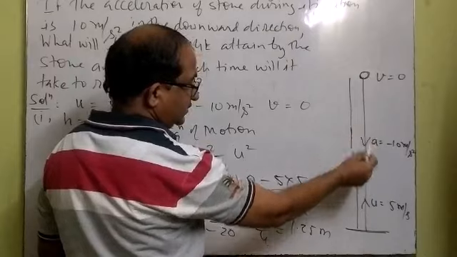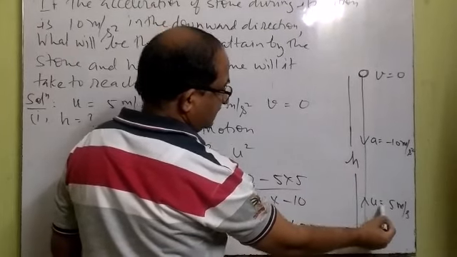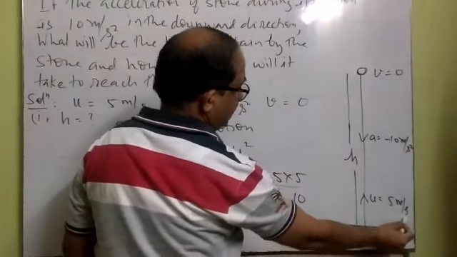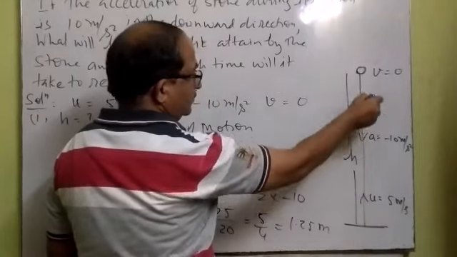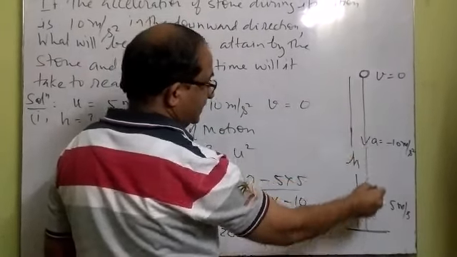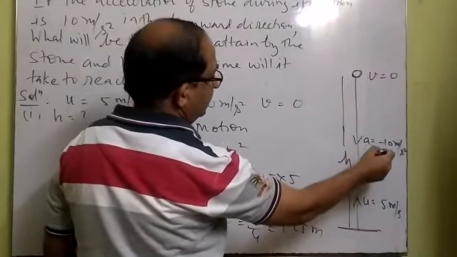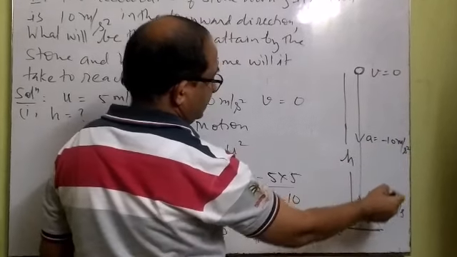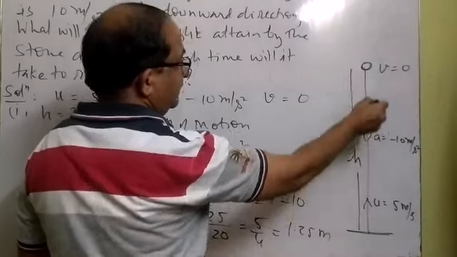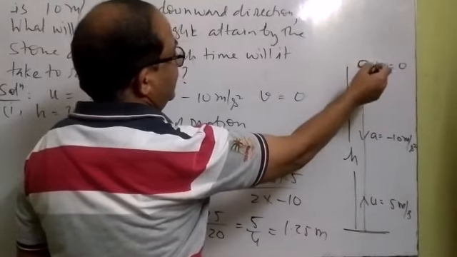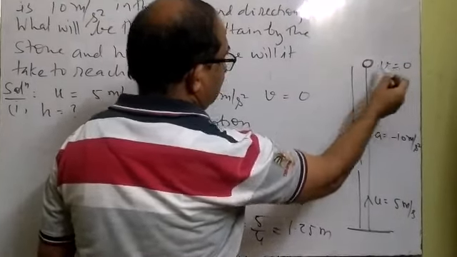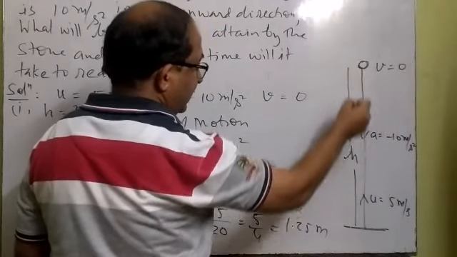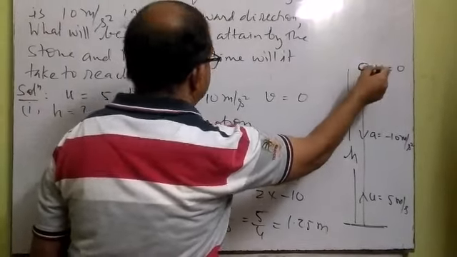Suppose a stone is thrown vertically upward with the initial velocity u equal to 5 meter per second. But due to gravitational force, the acceleration on the stone will be negative in direction. So a is minus 10 meter per second square. Certainly the body will stop at a certain height. That's why v will be 0. We need to calculate the height attained by the stone.